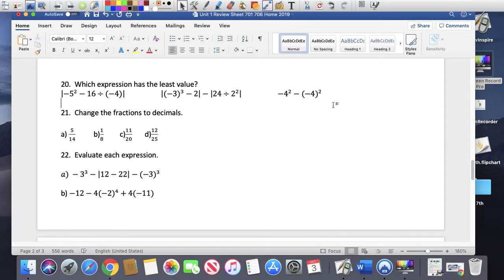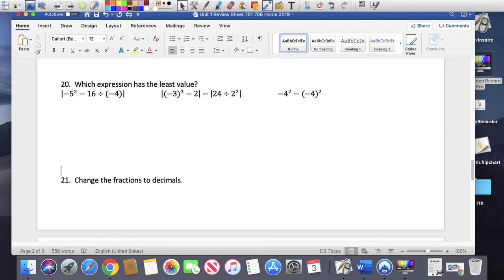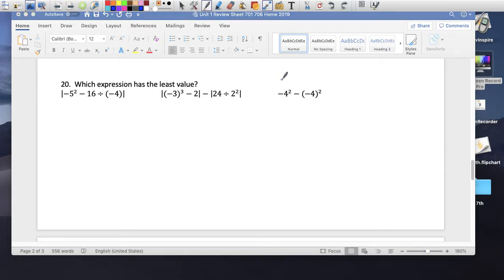Which one has the least value? Well, if you want to find the least value, you really have to do some calculations here. Let's do this one. Absolute value, so let's not take the absolute value until I find some. Remember, that 2 here is only affecting the 5, so that minus sign plays no role right now.